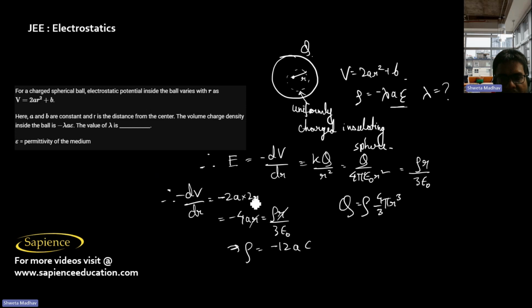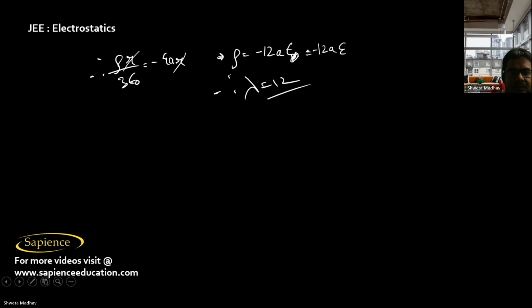But here we can take it as epsilon also, if instead of vacuum or air, some other dielectric medium is being used inside the sphere. So it is minus 12a epsilon naught. So therefore the value of lambda is 12.